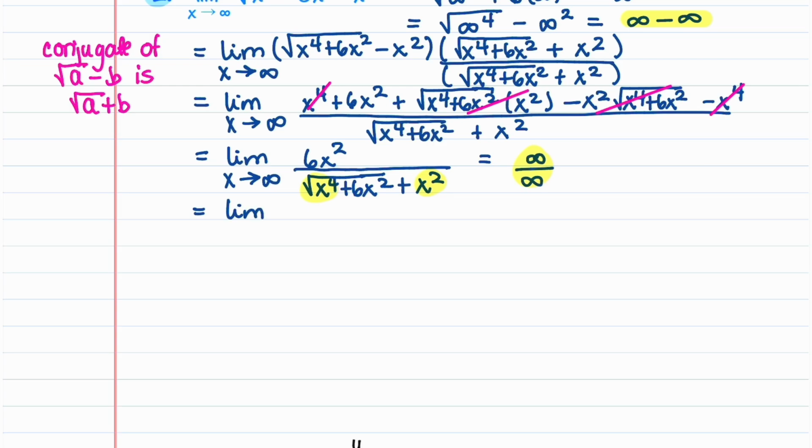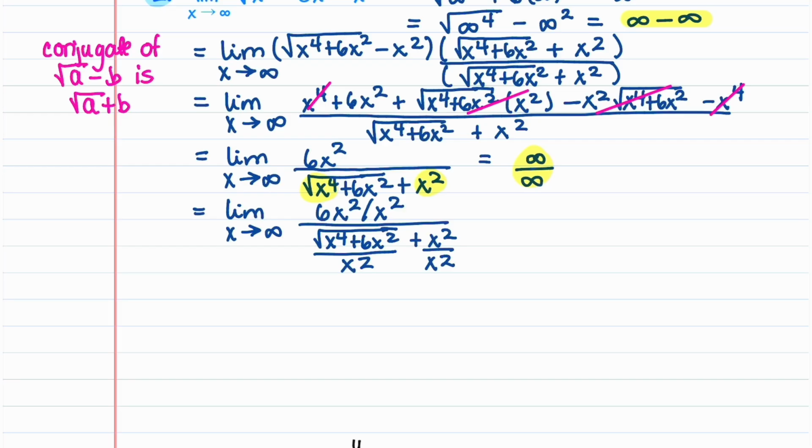So we have the limit as x goes to infinity, 6x squared divided by x squared, all divided by the square root of x to the fourth plus 6x squared. That all gets divided by x squared, and then we have an x squared that gets divided by x squared.